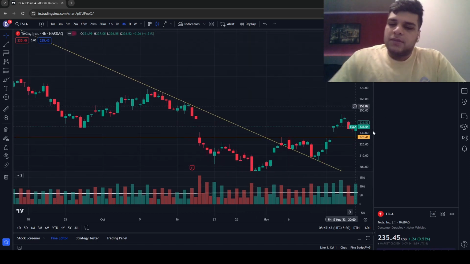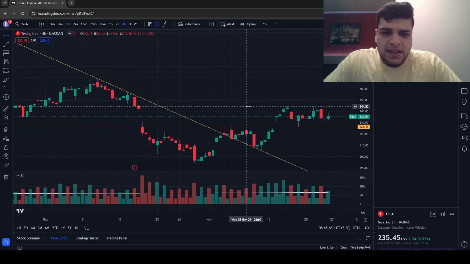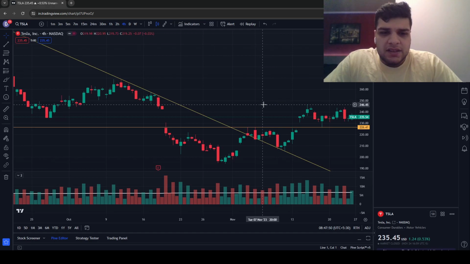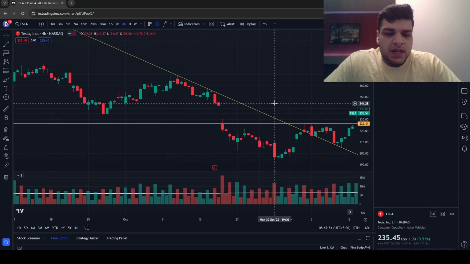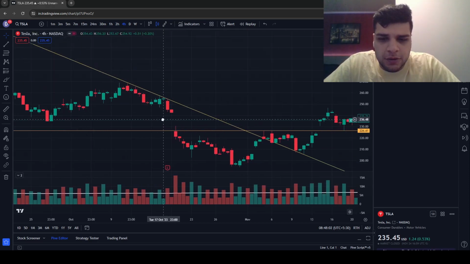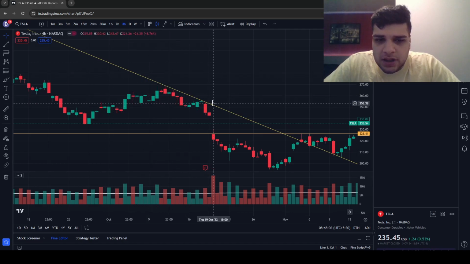Of course, for any pattern you look at, whether a strategy, candlestick pattern, or indicator, the higher the time frame, the more reliable it is in most cases. What you also want to look for with a trend line like this is a breakout above this line.